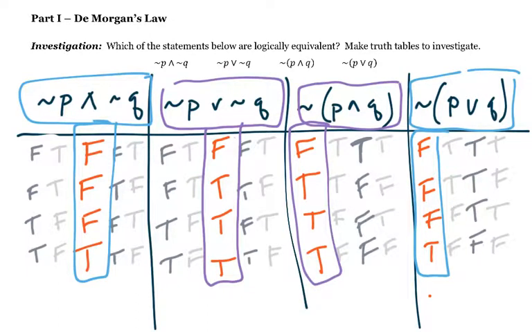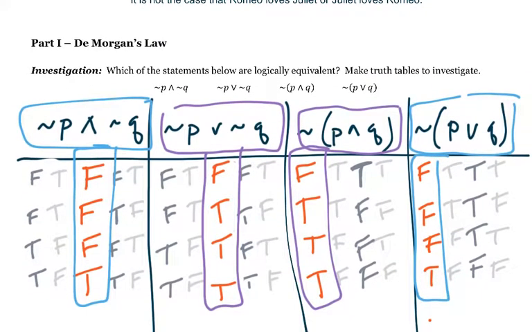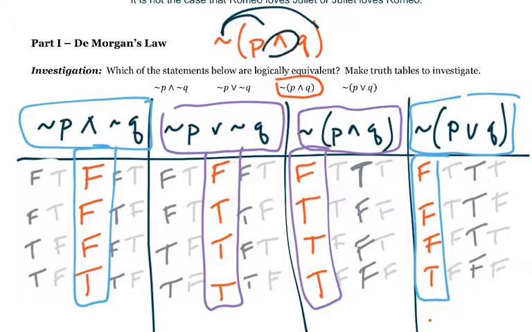So here we can see that right now. Let me give myself some space. If I have, let's do this one right here, not P and Q, you can think of this not as being distributed to the different simple statements, but when you do that, this changes to an or.